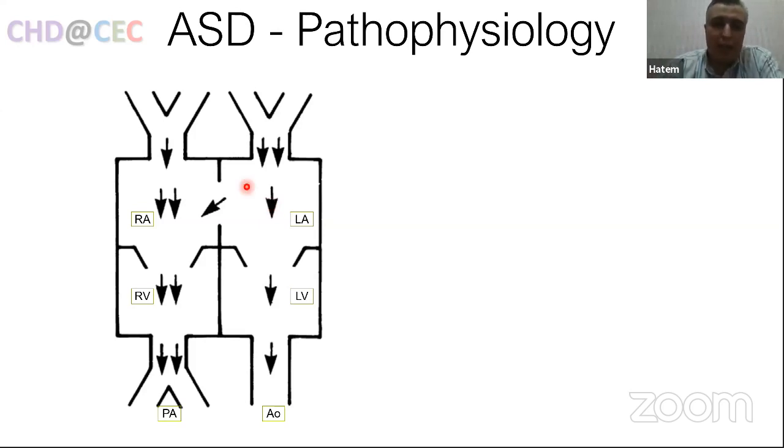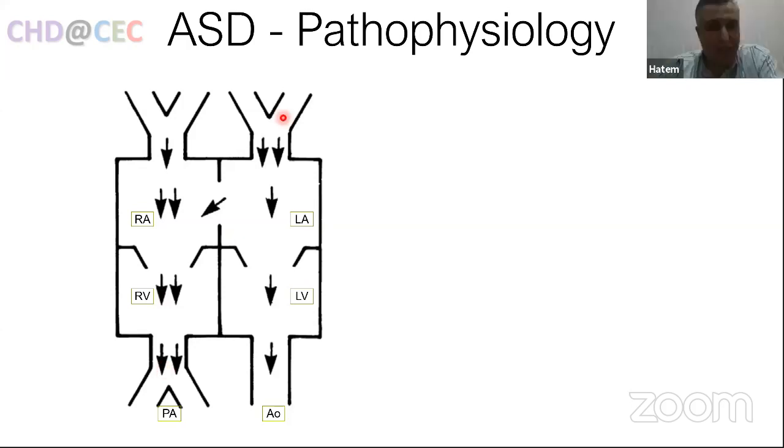So do you think SVC, IVC will get more blood? For sure, no. Right atrium? Yes, it will get more blood. Right ventricle? Yes. Whatever goes to the right atrium will go to the right ventricle. Pulmonary arteries? Also will get more blood.